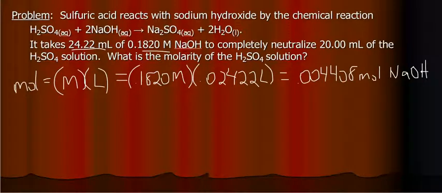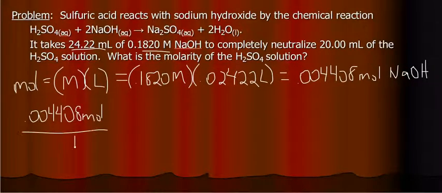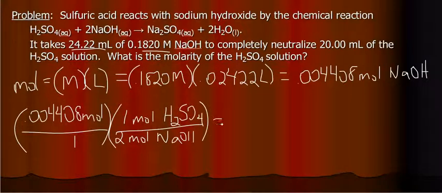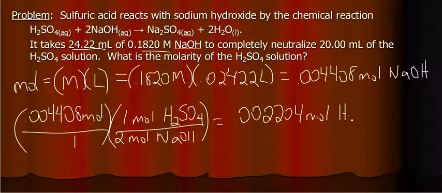The 0.0044, that's for NaOH, but I want to go back to the H2SO4. So I'm going to do the molar ratio. There's 2 moles of NaOH for every 1 mole of the sulfuric acid. So that's going to require 0.002204 moles of the acid.